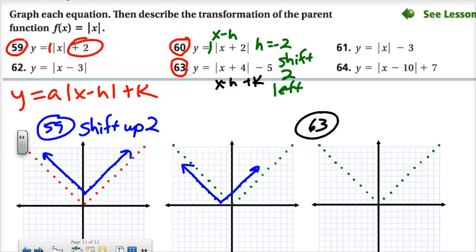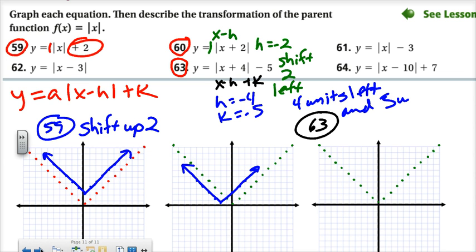So what I have to do is recognize that h is -4 and k is -5. So this is going to shift 4 units left and 5 units down. So really what I need to do is I need to move my vertex 4 to the left and 5 down.